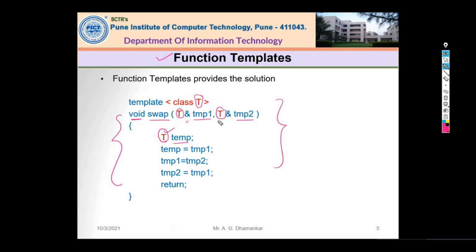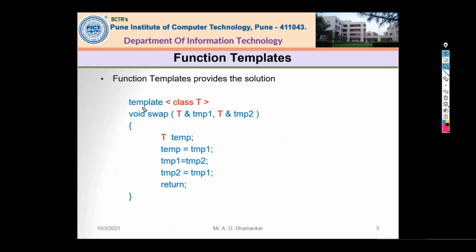This is a reference variable, as you know. We already told that how to take references is very important. This is a reference variable, this is also a reference variable, and then the normal swap logic is implemented, and return.